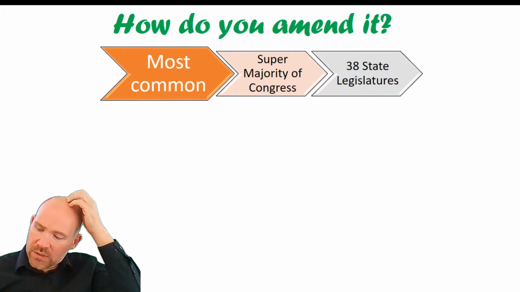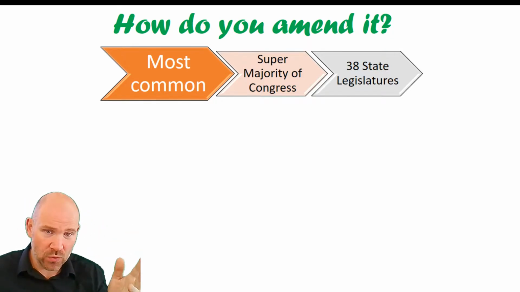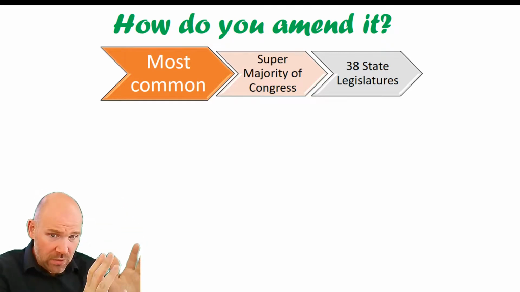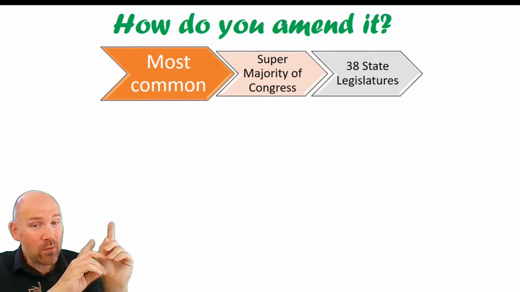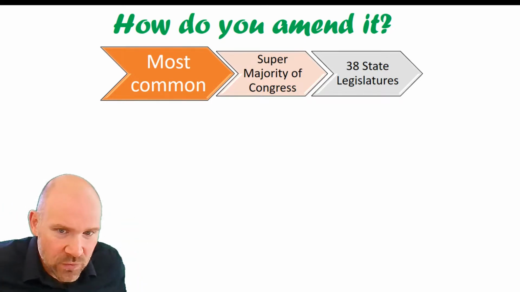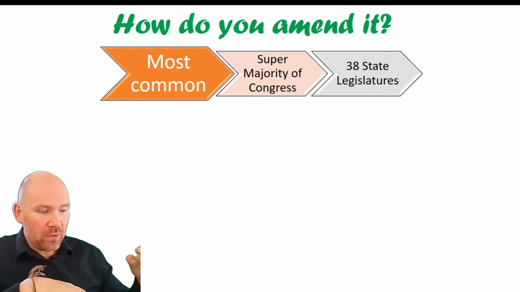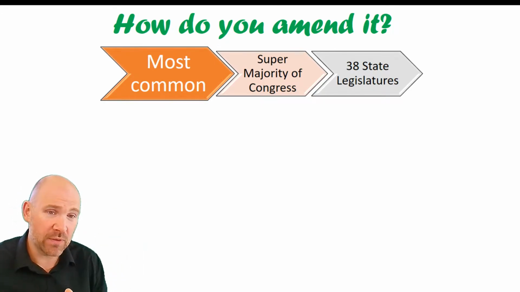Let's pick an example of a constitutional amendment. Say we wanted to replace the Electoral College. We would need 2/3 of the House of Representatives and 2/3 of the Senate, together. That's called proposing it. And then that has to be ratified. Ratified is where another group will agree to the proposal or disagree with it.